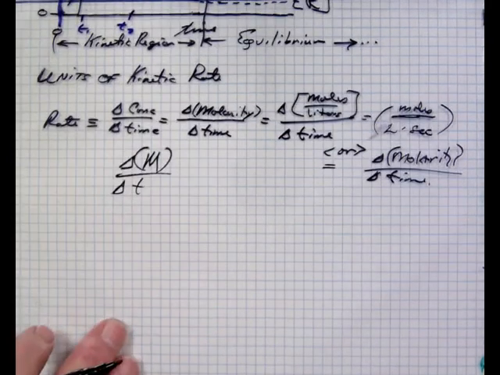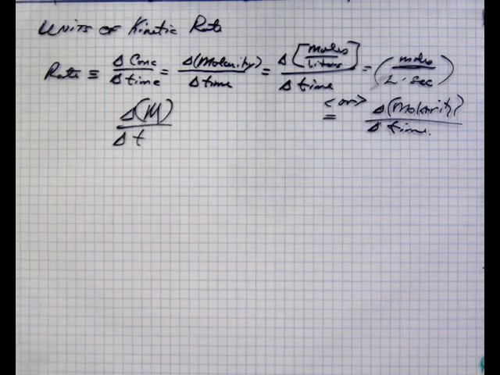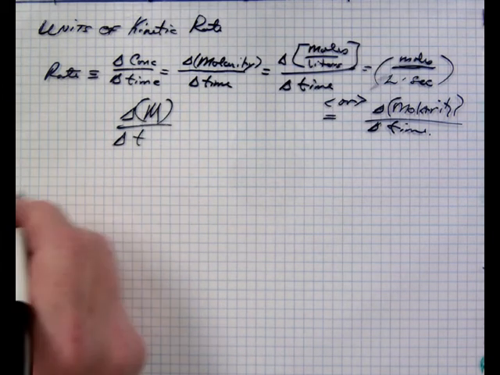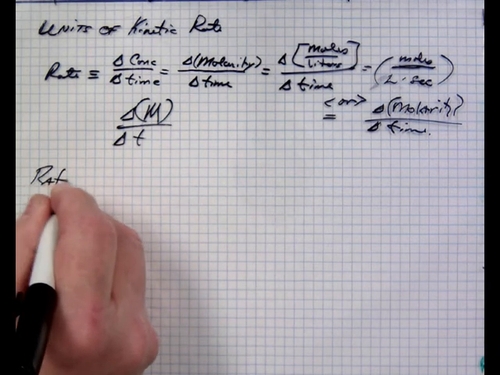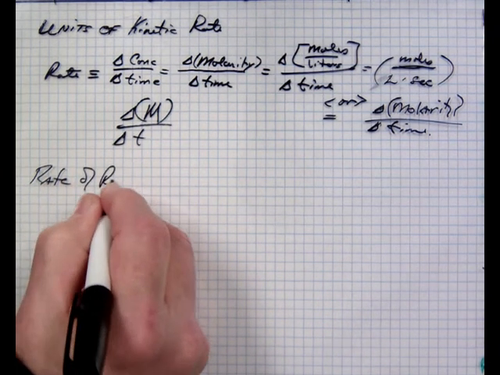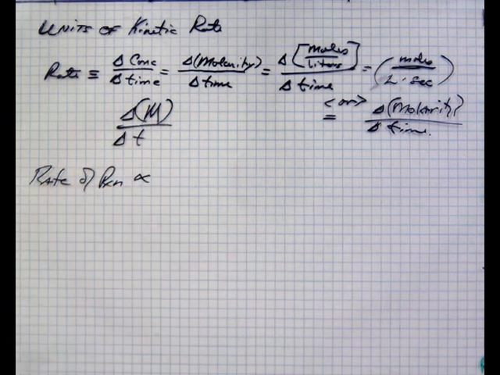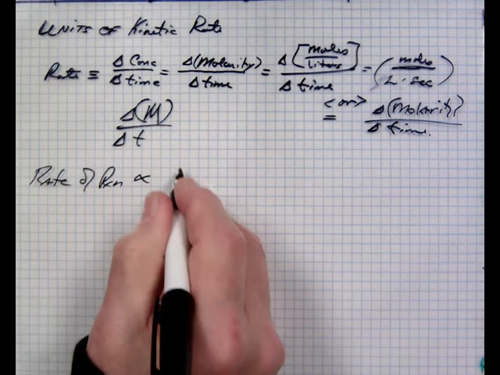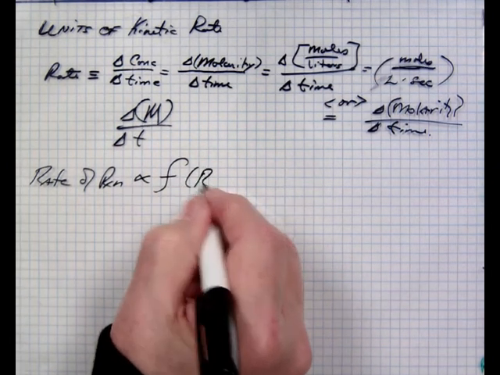Okay, now that's what we should visualize kinetics as in terms of defining its nature. But how do you convert all of this that I've just given you into something that is useful and associated with chemical reactions? Well, rates of reaction depend on what we call rate factors, or are proportional to a function of rate factors.